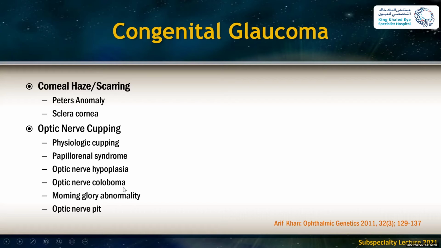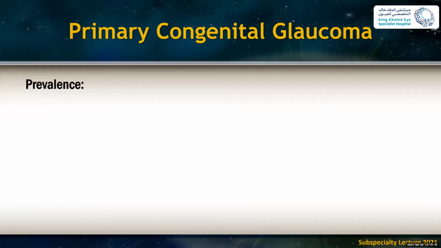Optic nerve coloboma, yes. Morning glory syndrome, optic nerve pit, all these. You may suspect that this disc is glaucomatous, but you will not find other signs of the disease from the corneal side, the size of the globe, the pressure, and so on. But you need to keep these in mind, as they could be mistaken for congenital glaucoma.